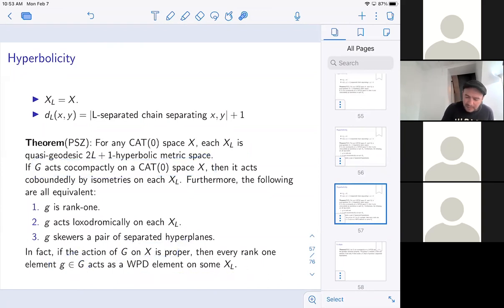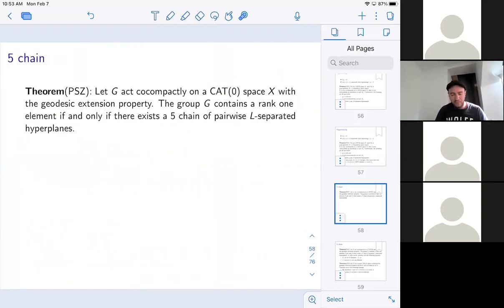Now I'll just mention one more interesting consequence. In Caprace and Sageev, they proved that, in geometric group theory, we like to go back and forth between geometry and algebra.